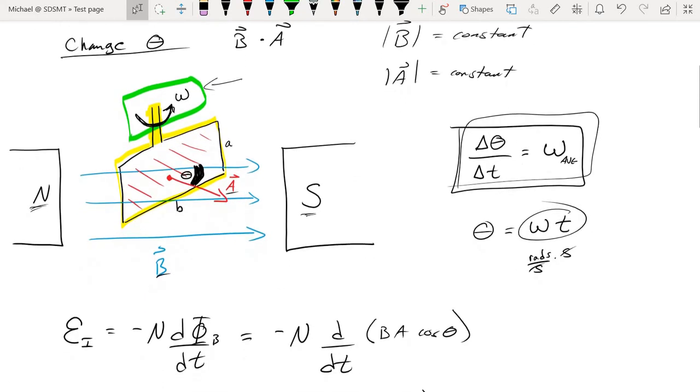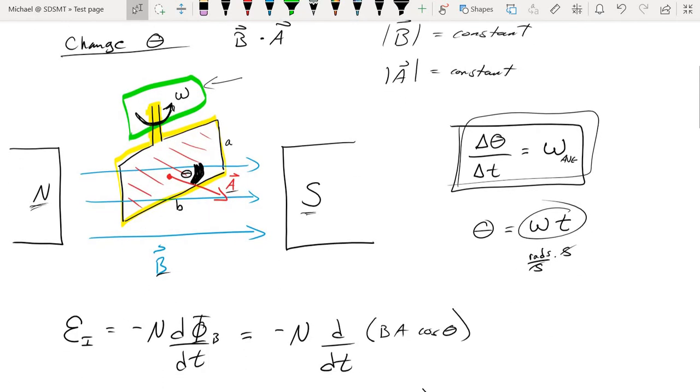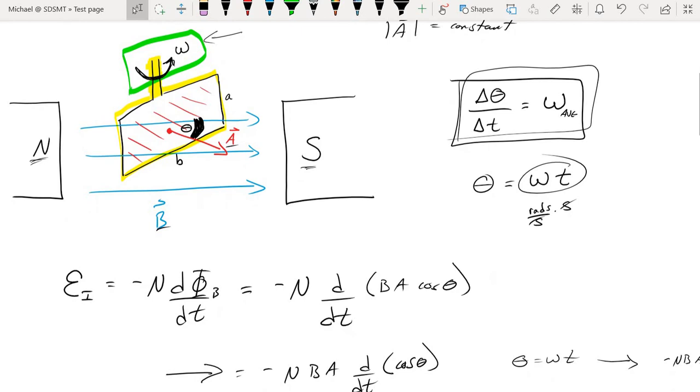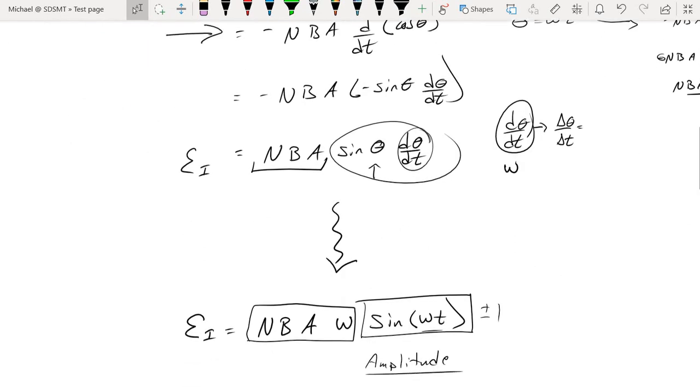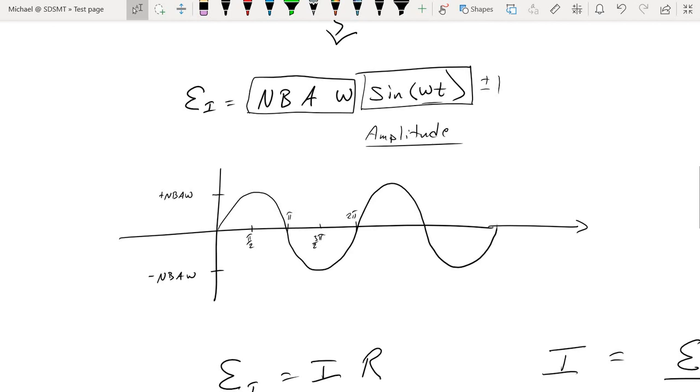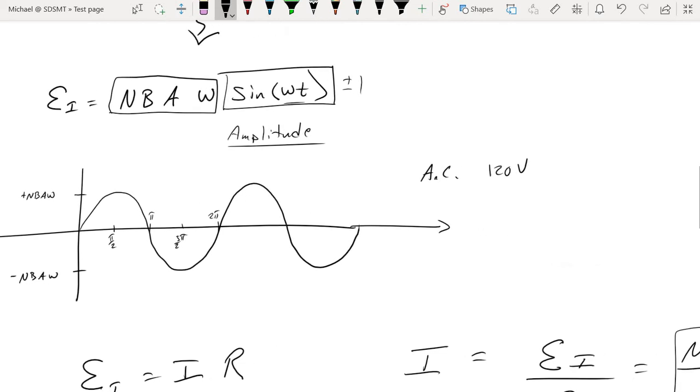But this is the type of approach that we use in generating electricity for our infrastructure. We use this alternating current method, and when you plug something into the outlet in the wall, you are receiving an alternating current value of approximately 120 volts.